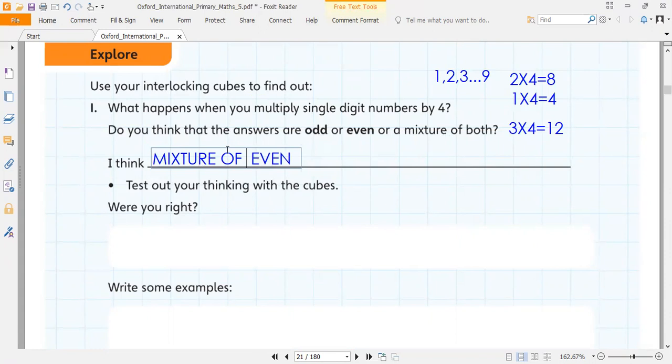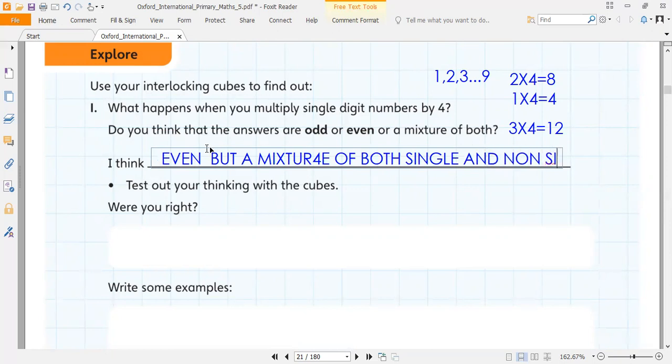Sorry for the mistake. These are even, but a mixture of both single and non-single digit numbers.